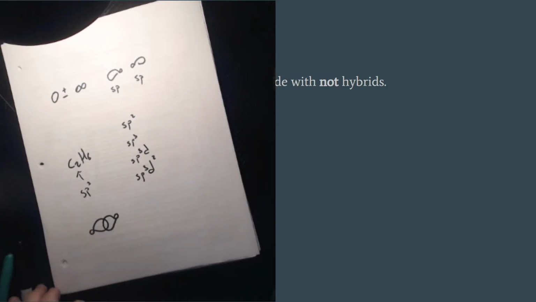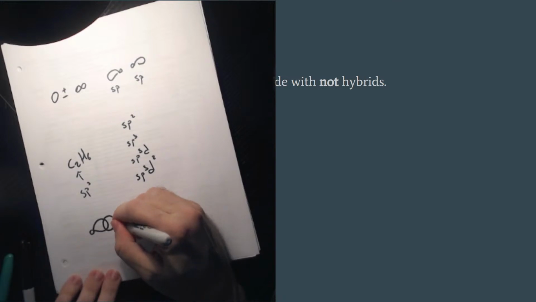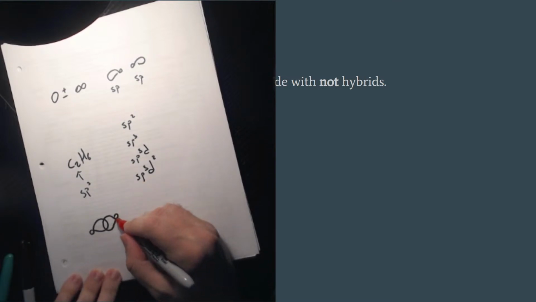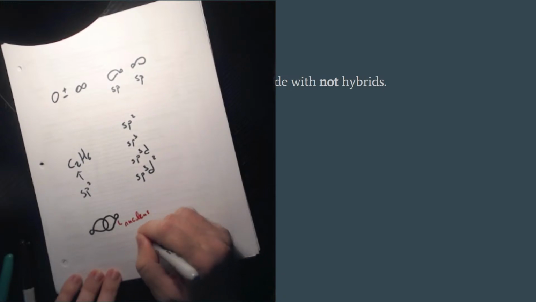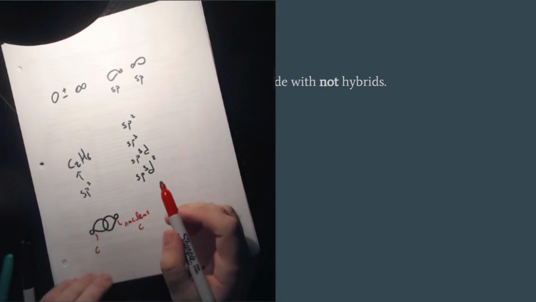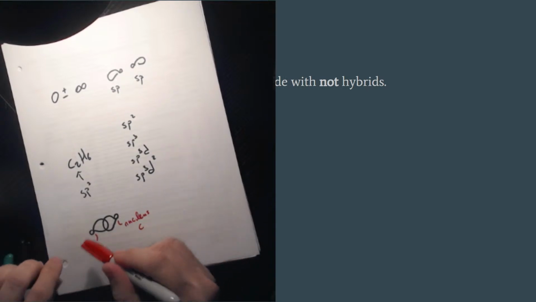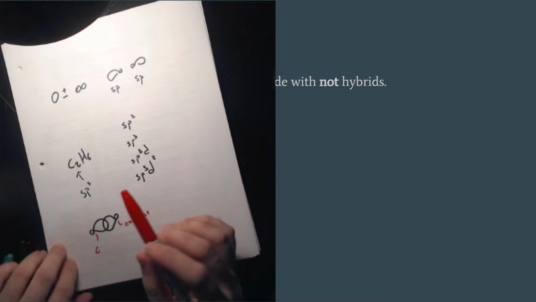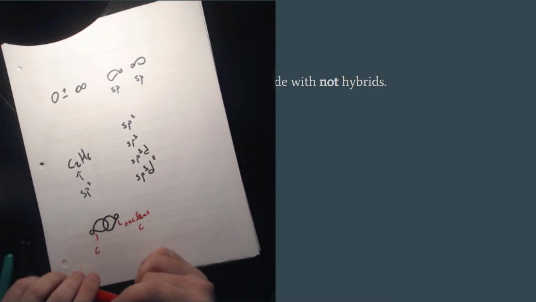Now, the way the orbitals work, this place where you get the crossover, that is the nucleus of the carbon atoms. So this bond lies directly between the two nuclei.